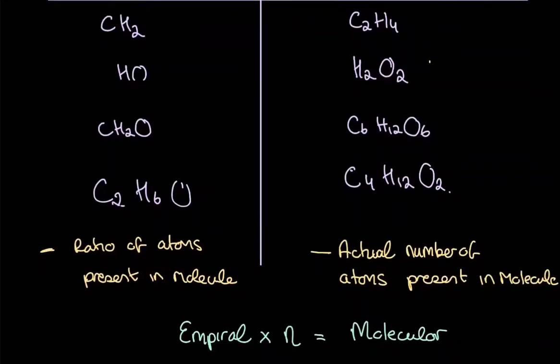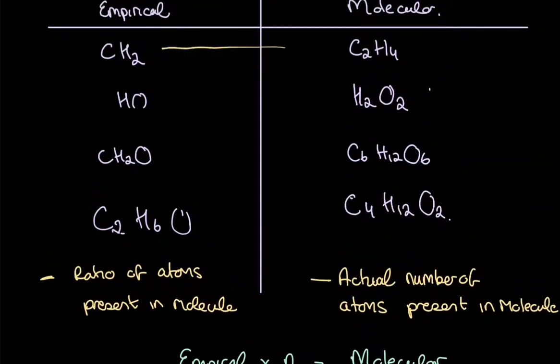So going from this over to this one, what did we have to multiply carbon and hydrogen by? Carbon's going from 1 to a 2, and hydrogen's going from a 2 to a 4. So n would be 2 in this case. Again, n is 2.